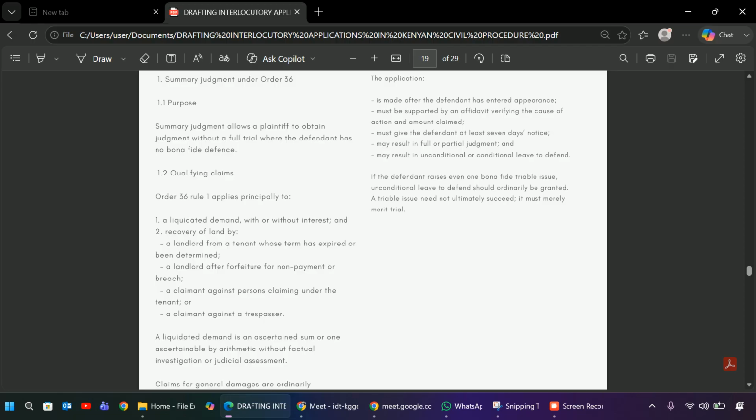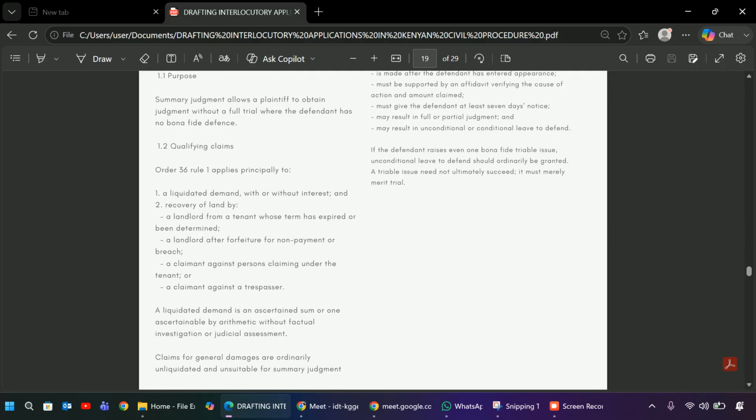Okay, so when you see the factual matrix inclined towards a landlord from a tenant whose term has expired, a landlord after forfeiture for non-payment or breach, a claimant against persons claiming under the tenant, or a claimant against a trespasser, now you have started to know where exactly you can claim apart from a liquidated demand.